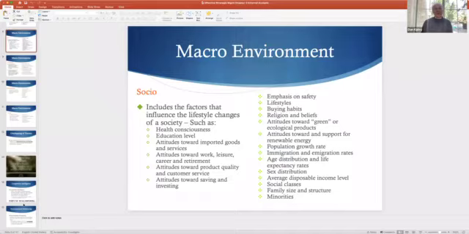There is starting to become more and more a stratification of our social classes in the United States. We have the super elite rich, then we have somewhat of an upper middle class, but then there's an increasingly large lower class in the United States. Is that going to have an effect on businesses? Family size and structure, and minorities.